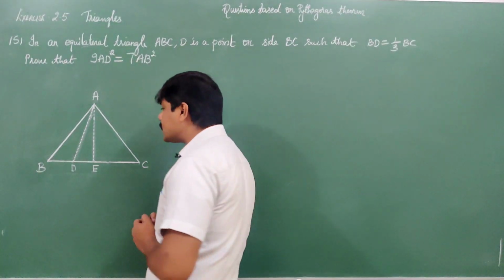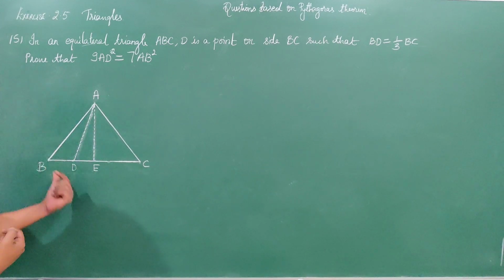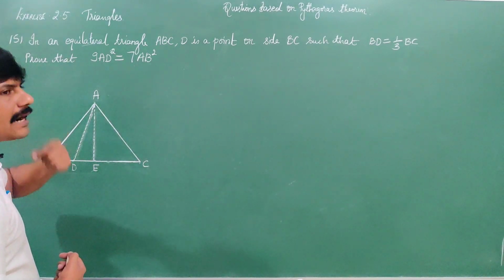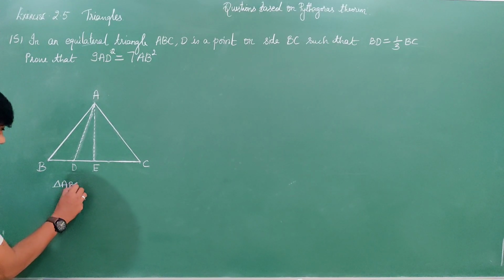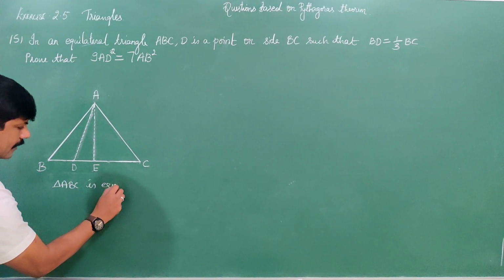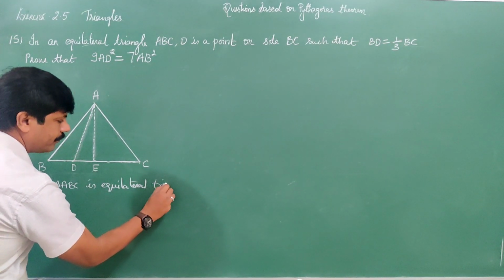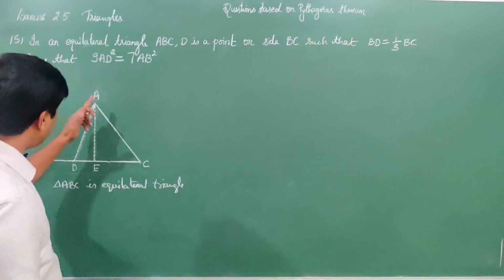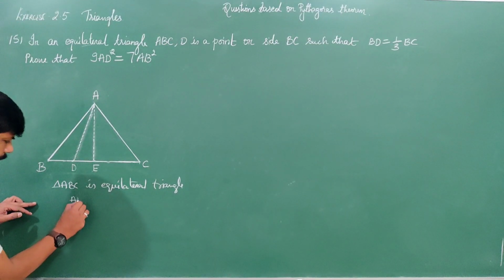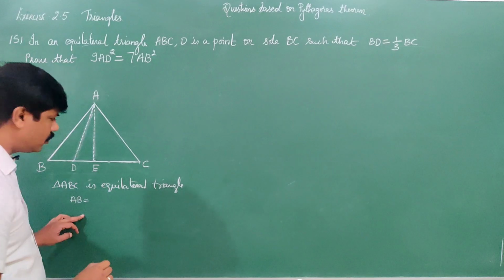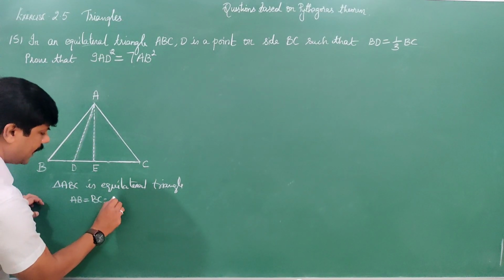So what are the things given here? Triangle ABC is an equilateral triangle, which means AB is equal to BC, which is equal to AC.